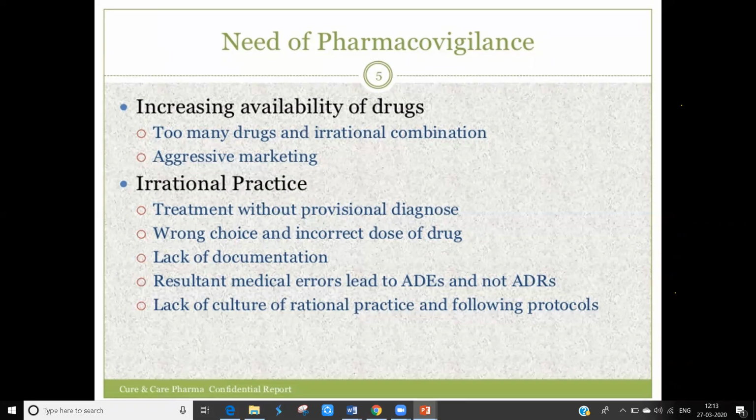Or if a person who is taking some drugs slips from steps, that is also an adverse drug event. The reason can be many, not only because of the drug, but the drug can also contribute. One such example is if the patient is taking pregabalin or antihistamines, sedative antihistamines, where he may get dizziness and reduced consciousness.